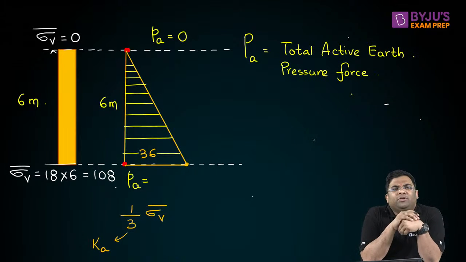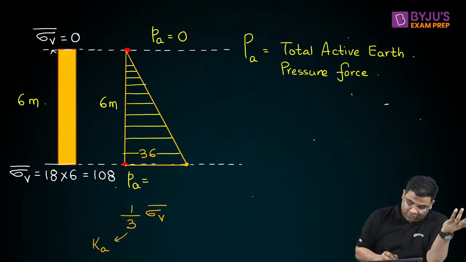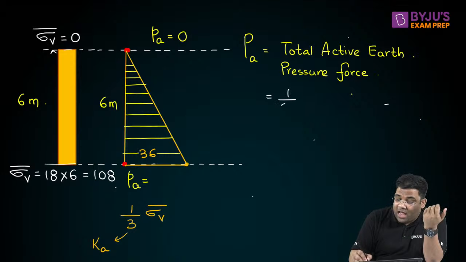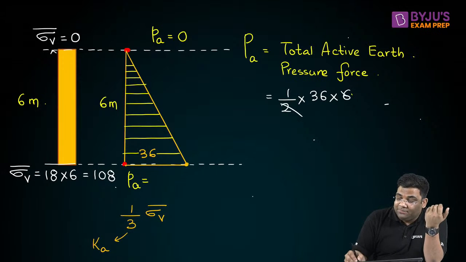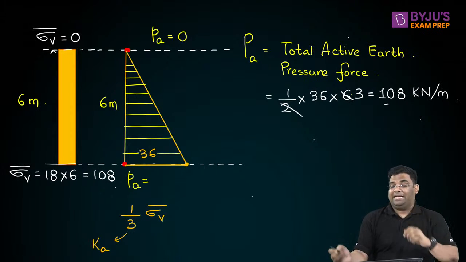If you want to find out the force, just take the area. So this is a triangle. So what is the area of a triangle? Half base into height. This gives me 108 kilonewton per meter.